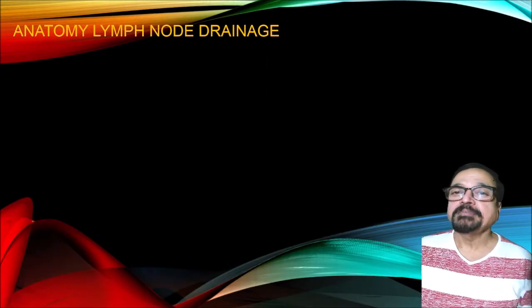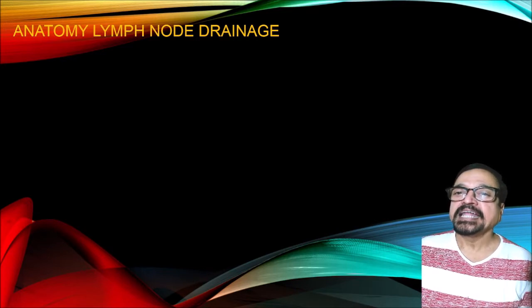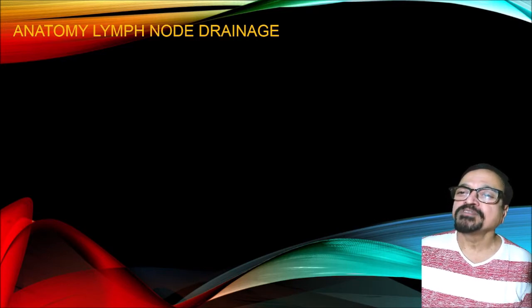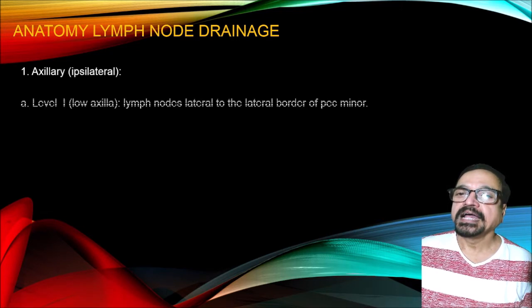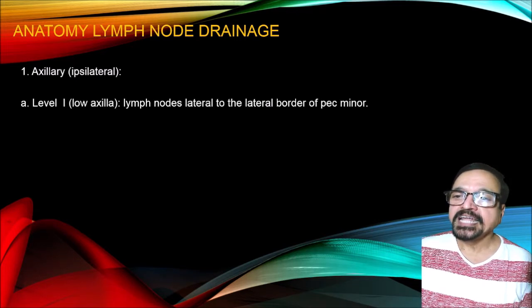Now, extremely important is the anatomy of the lymph node drainage. These are the axillary, that is ipsilateral, level 1, called low axillary. These lymph nodes are lateral to the lateral border of the pectoralis minor.